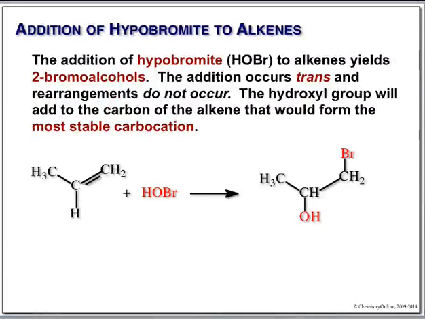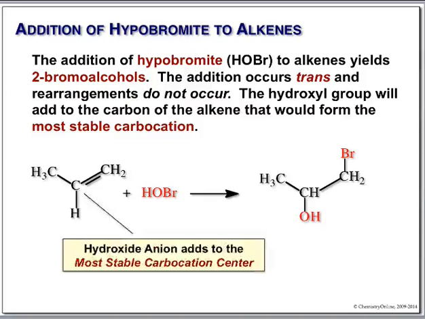This reaction also gives trans stereochemistry. This reaction also involves an intermediate. The intermediate is the same one we saw with the addition of bromine. This is the bromonium ion intermediate.